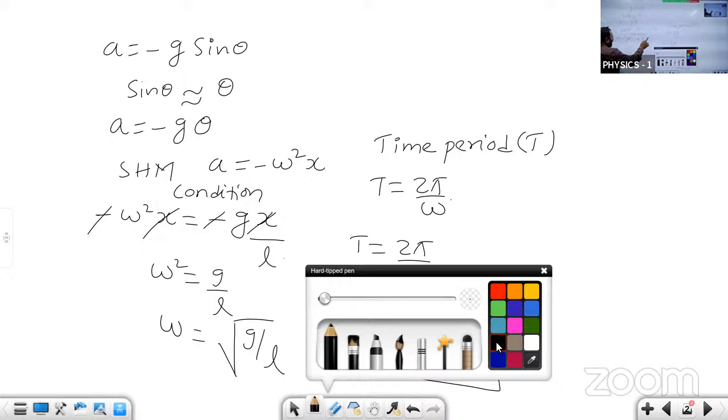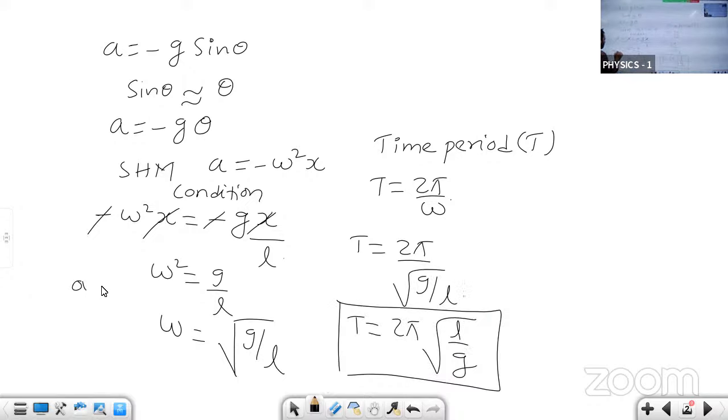Minus cancels, x cancels. Omega square equals g by L. Omega equals under root of g by L. Omega stands for angular velocity. Angular velocity and angular frequency are both the same. Omega equals under root of g by L.